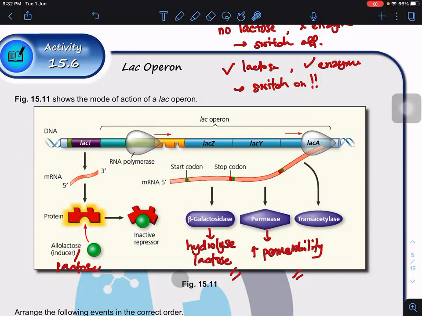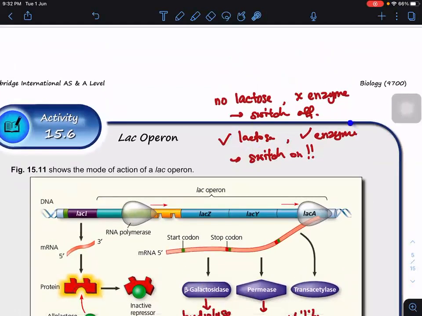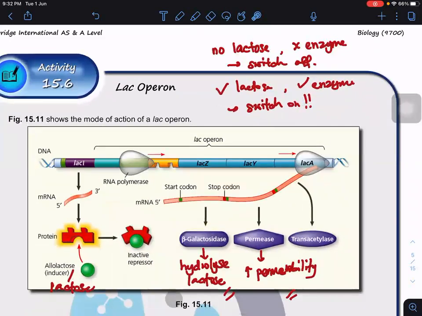So when lactose is high, we need the enzyme, so we need to switch on the Lac Operon. How do we switch it on? Because of the presence of lactose in high concentration, there is a higher chance for lactose to bind to the allosteric sites of the repressor protein, turning the repressor protein inactive. This inactive repressor protein cannot bind to the operator. RNA polymerase can now bind to the promoter and start transcription, allowing us to have the enzymes involved in the metabolism of lactose.